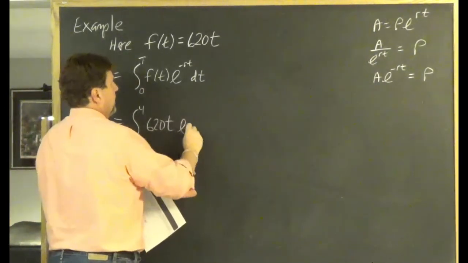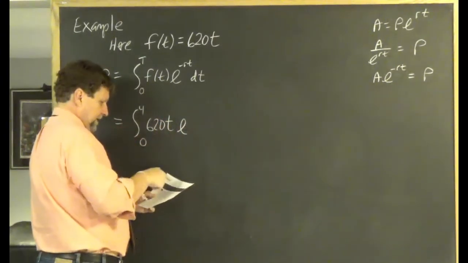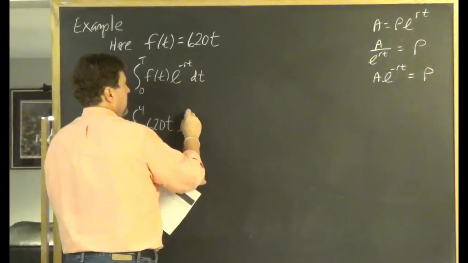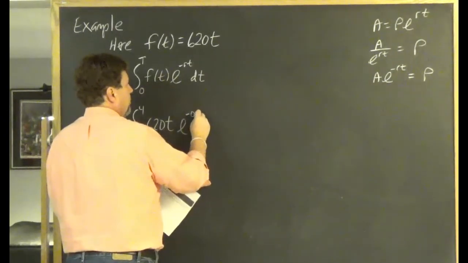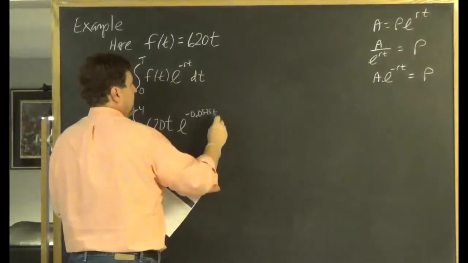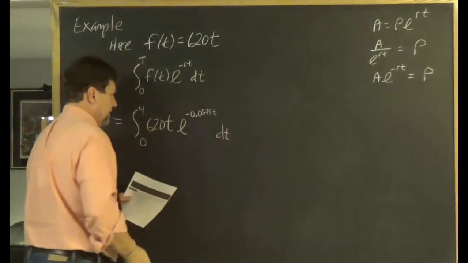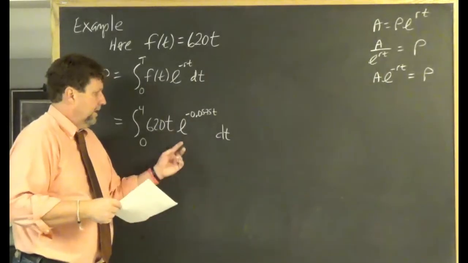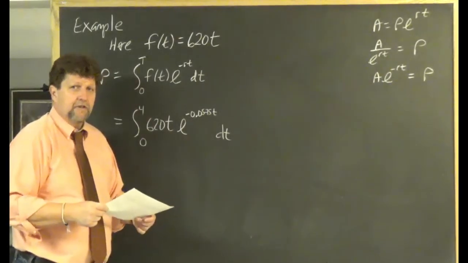And then e to the, let's see, the rate is 5.75%, so that's negative 0.0575 t dt. Looks like a classic integration by parts.